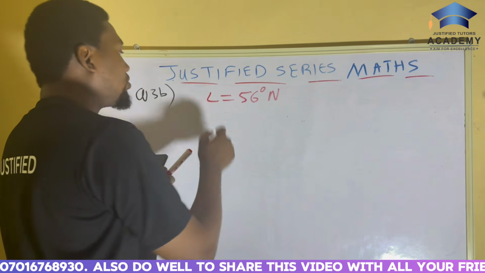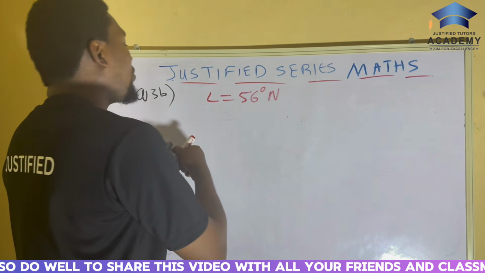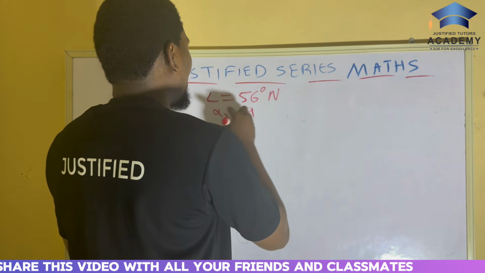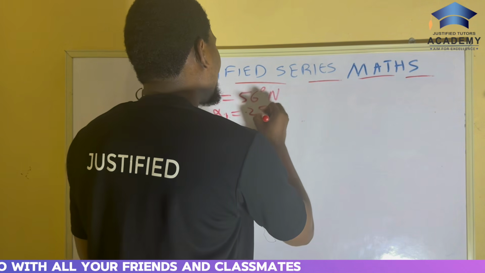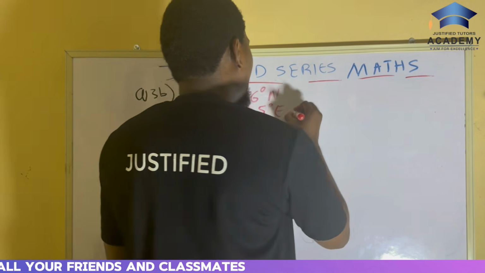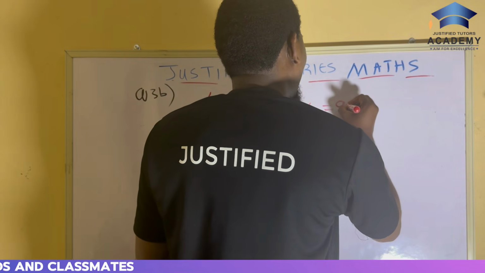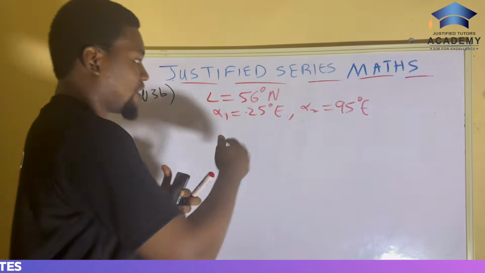So this is latitude. Now our longitude, I would like us to call them alphas. So alpha 1 first to be 25 degrees east, and alpha 2 to be 95 degrees east. Are you getting me now?